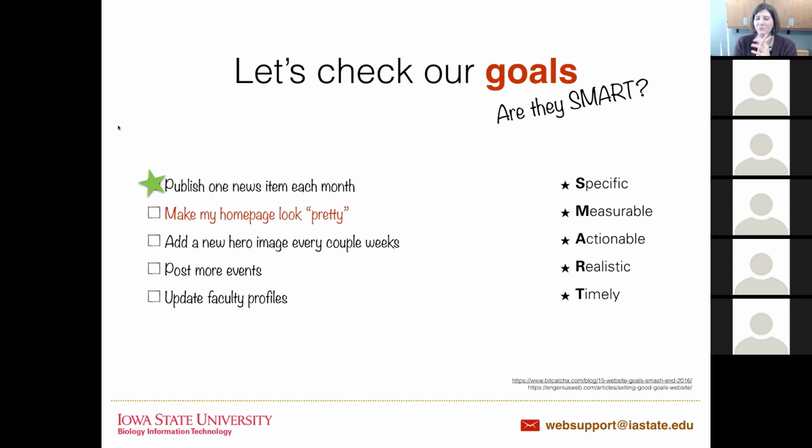Maybe I can tell if people like it or not. Is it actionable? Well, I'm not sure what that action would be to make it look nice, so I don't really know that answer. And so you can start to see that this might not be as specific of a goal, to create a website homepage that looks pretty.